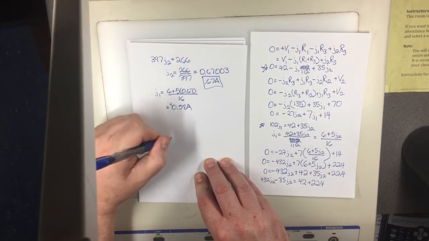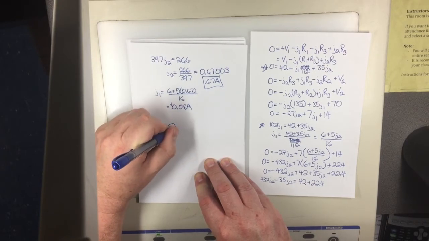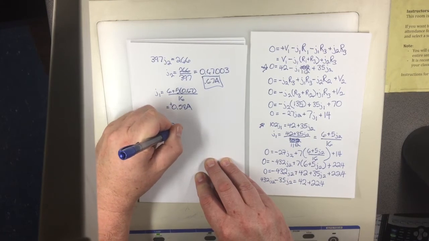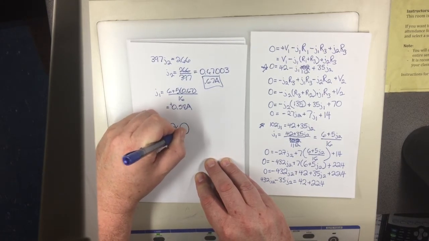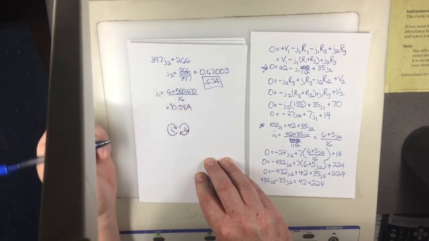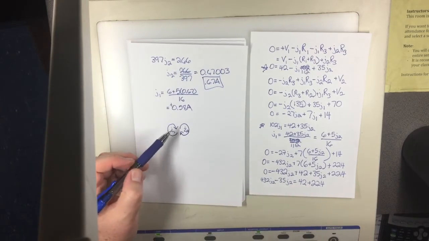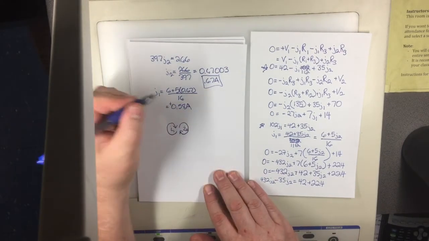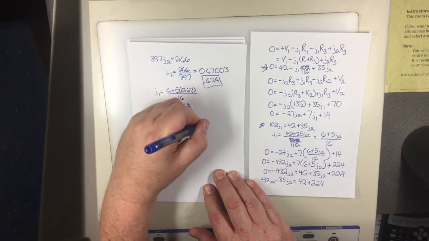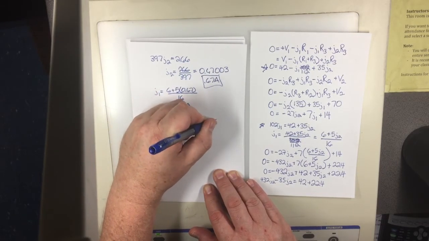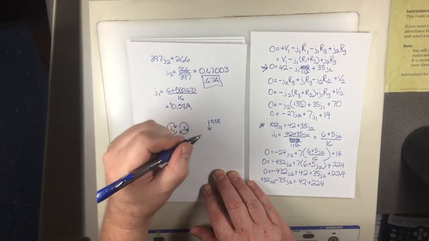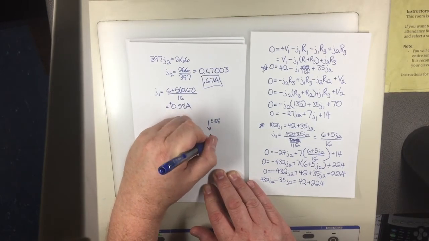So it's a positive, which means that the current for I1 runs like this. The current for I2 runs like that. Both of them are clockwise. They meet head on. So I have a 0.58 down and a 0.67 up.